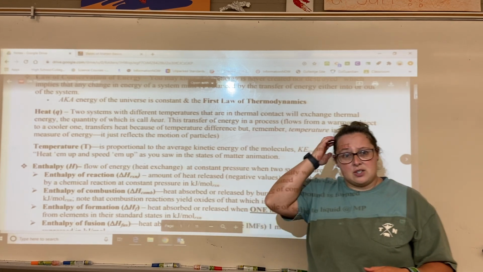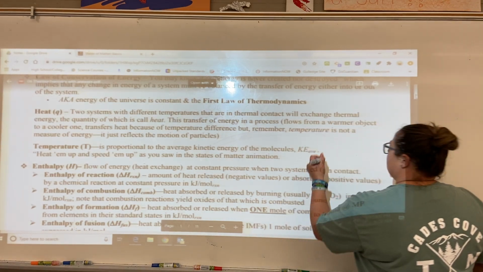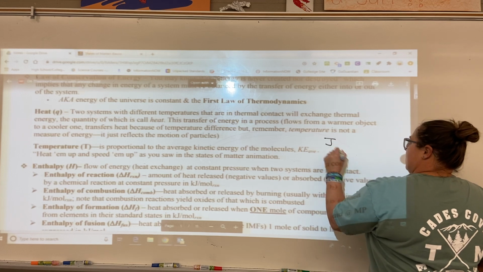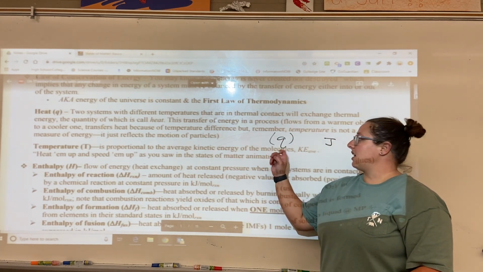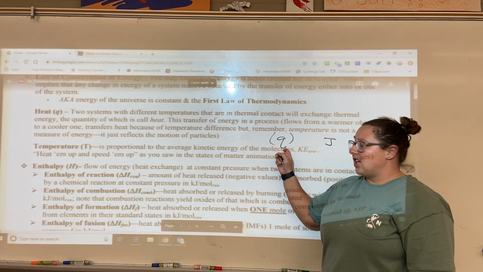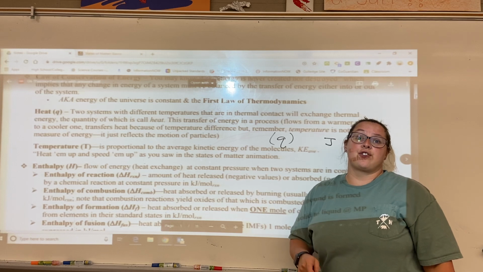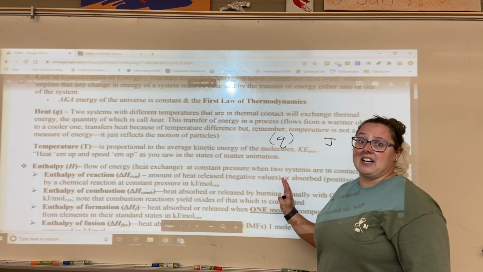So what we can do is we can take heat, which is measured in kilojoules or joules. So heat gets the sign Q. Now do not get confused with the Q that you use in electrochemistry. That Q that we used in that unit was for coulombs charge. That has no relation to what we're doing here at all.